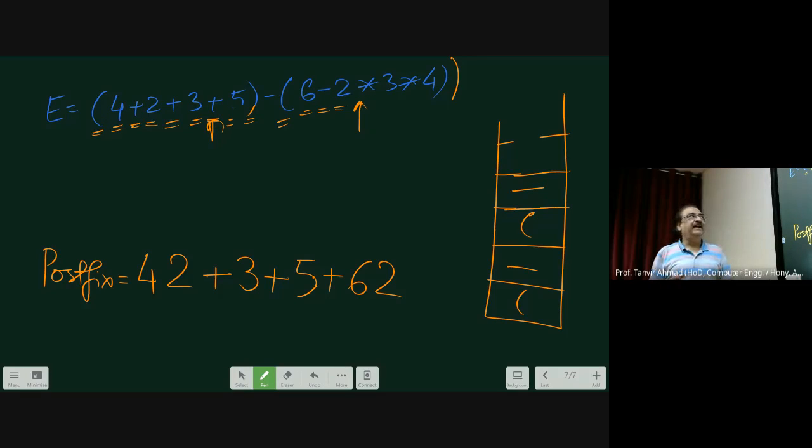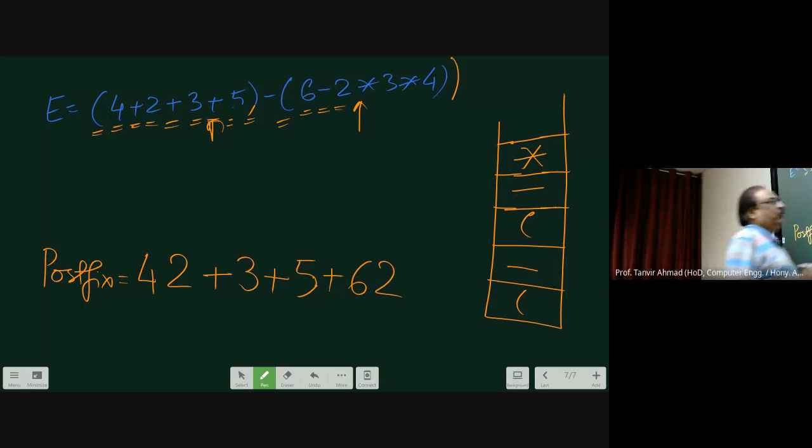But here I find a minus on top of the stack, which has a lower precedence than a star. And therefore, I cannot pop minus, because I have to pop only those operators which have equal or higher precedence, not the lower precedence. Therefore, you have to push a star over here without popping this minus.